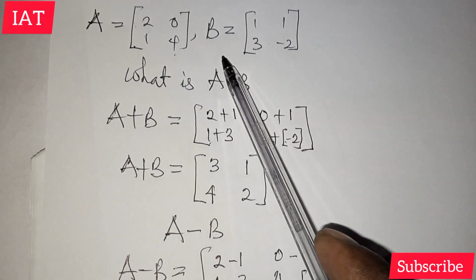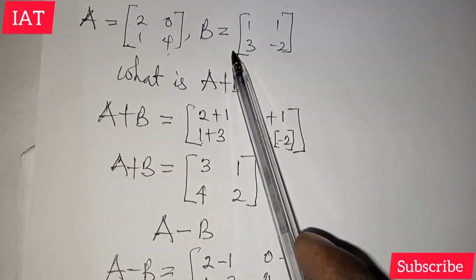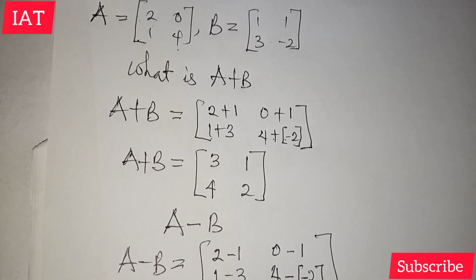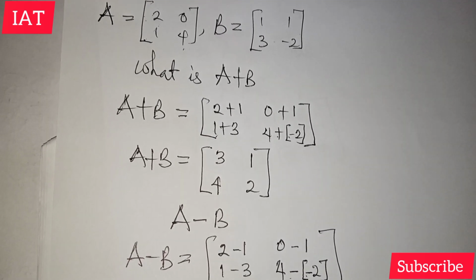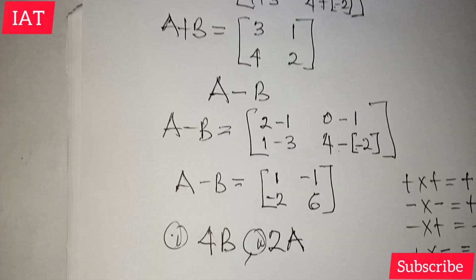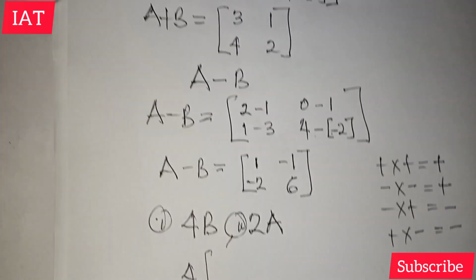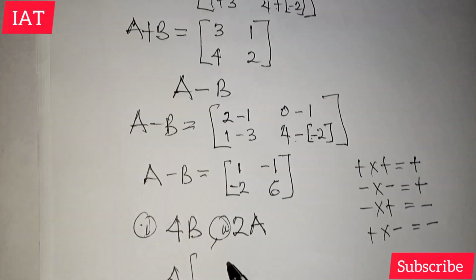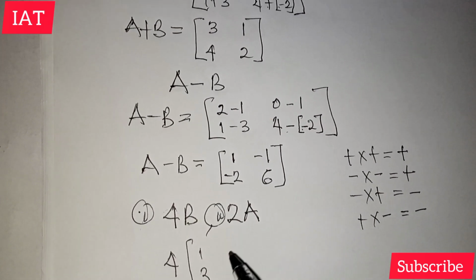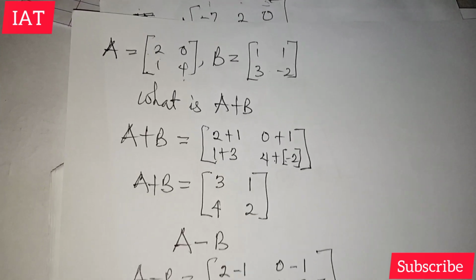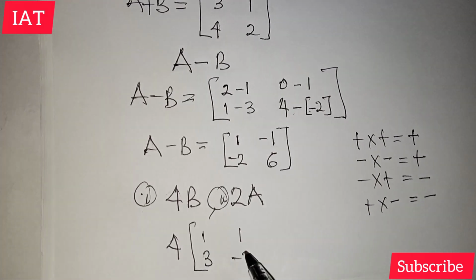This is your matrix B. Matrix B has 2 rows and 2 columns, and so we're going to use this 4. This 4B means 4 multiplied by the content you're having there, which is 1, 3, 1, minus 2, minus 2.